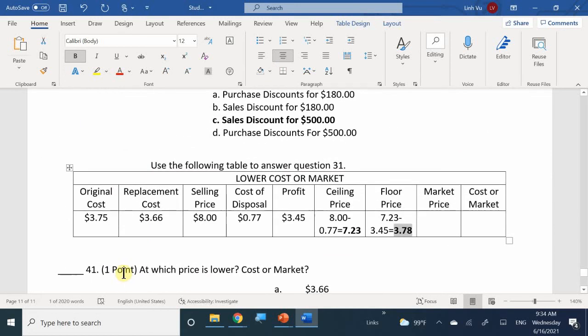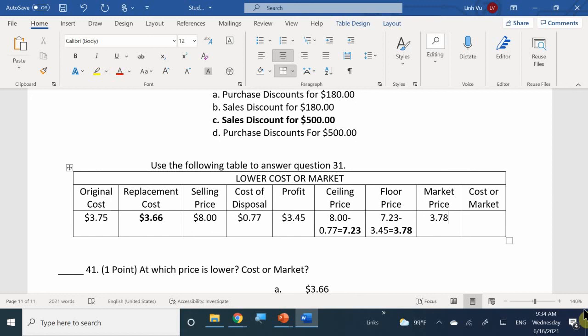Which number falls in the middle? 3.78, right? This number is going to be in the middle. The highest is 7.23, the lowest is 3.66, so therefore 3.78 is going to be in the middle, and that's going to be your market price.